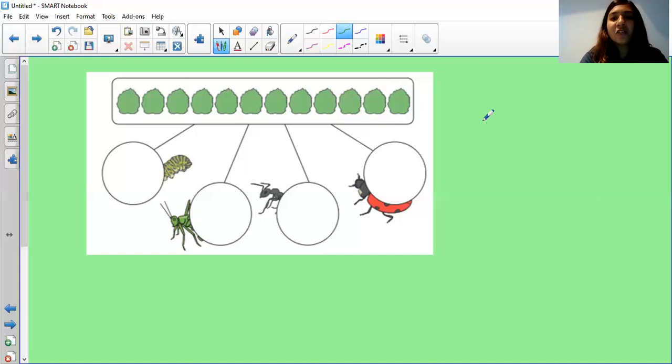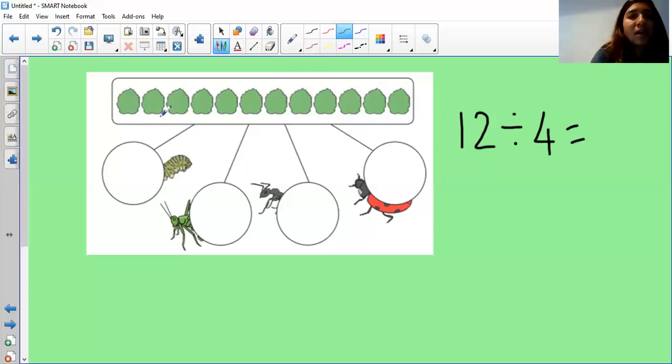Okay, so if you shared 12, you should have written the number 12. And because we're sharing, remember division, sharing between 4 insects, I'm going to write the number 4. So I'm going to draw it and cross it out afterwards, so I don't get confused.